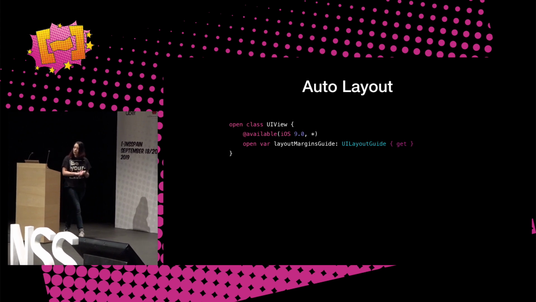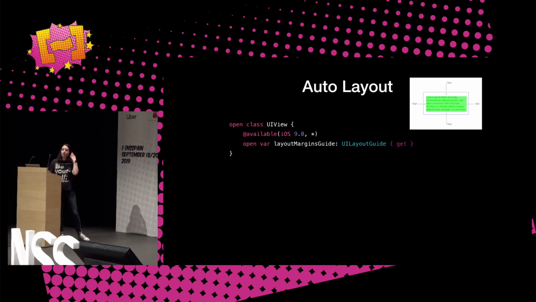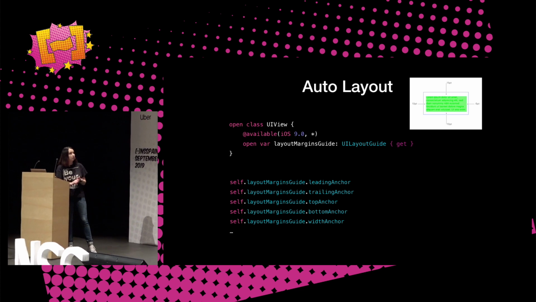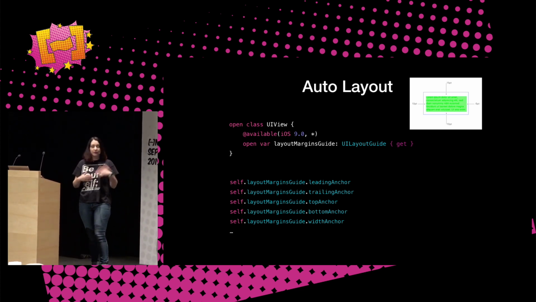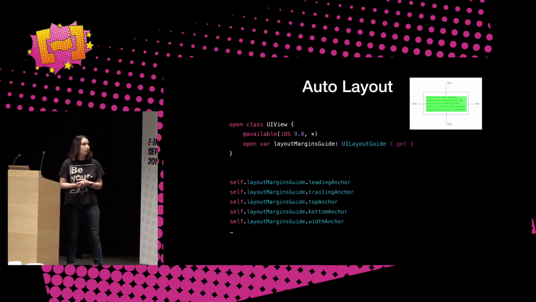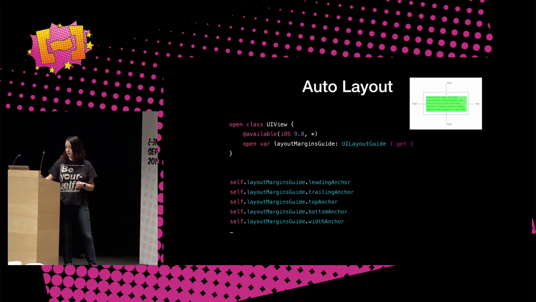There's this property called layoutMarginsGuide, which defines an area which is located within the margins of your view. And if you don't know what a layout guide is, it's an object that can participate in Auto Layout calculations. It has various anchors similar to a view, but it's not a view, so it doesn't get rendered on screen. And you can just position your view relative to that.